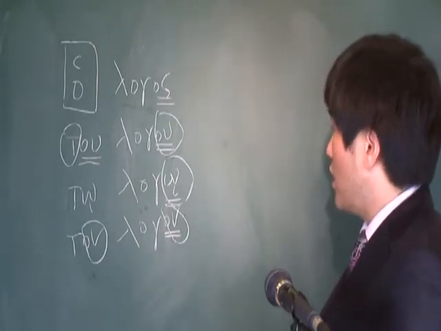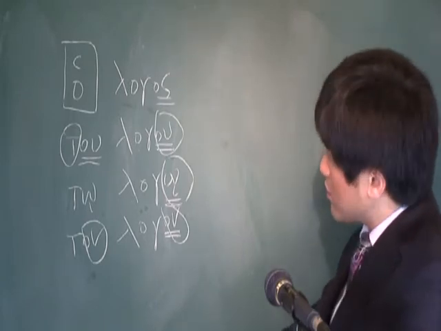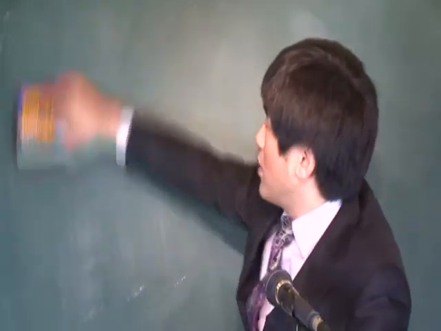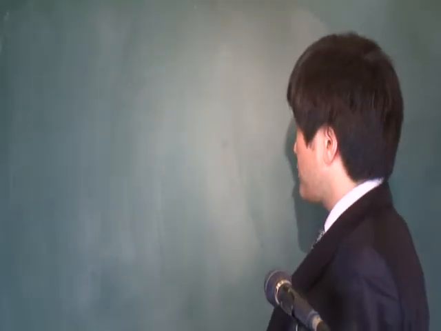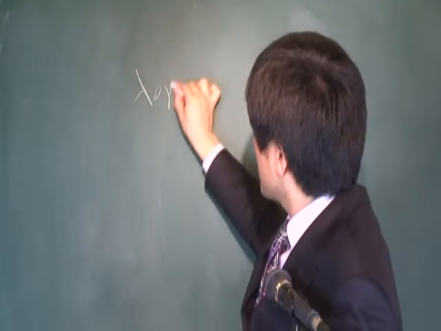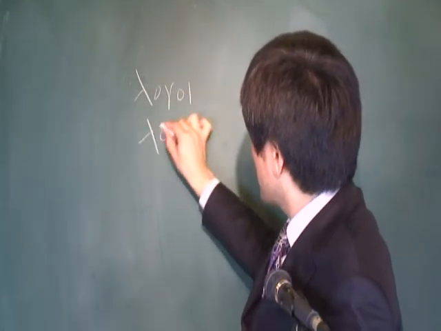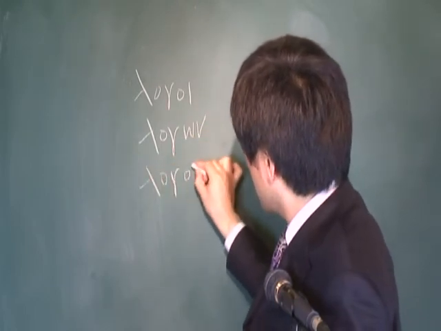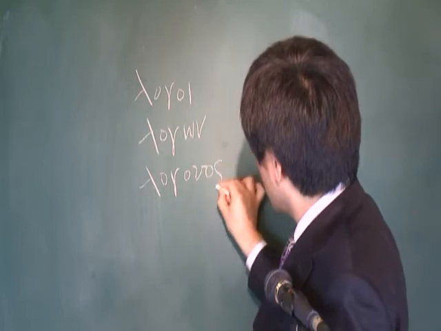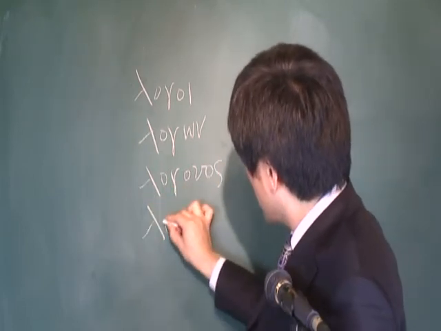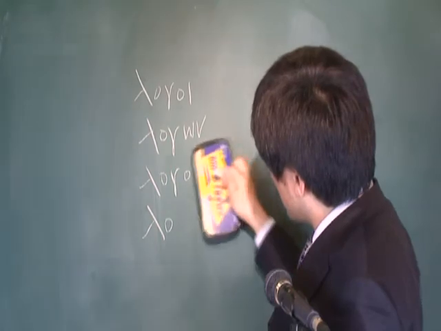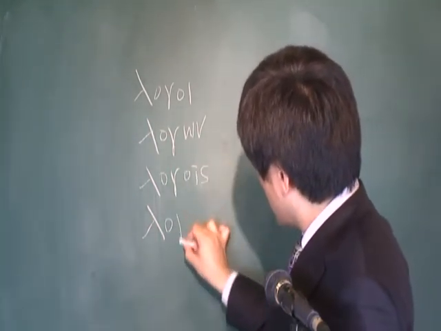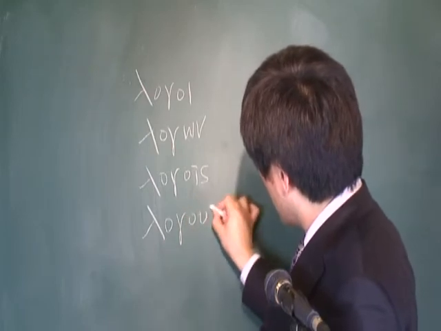Let's add the definite article. Please read along. He aletheia. Next, the genitive forms. Tes aletheias, te aletheia, ten alethean.